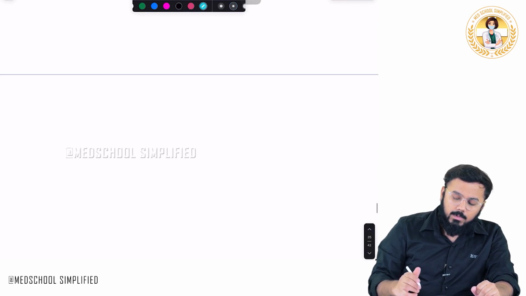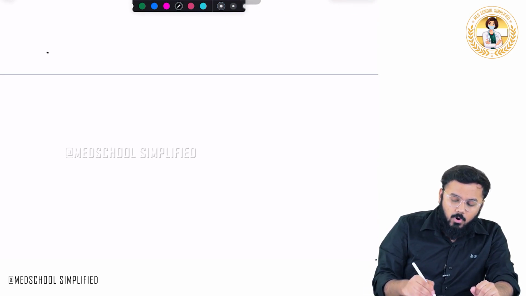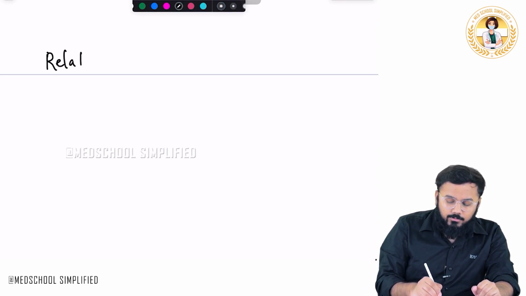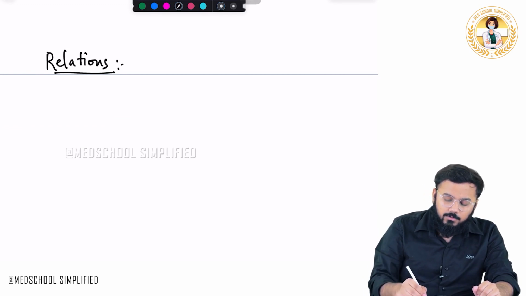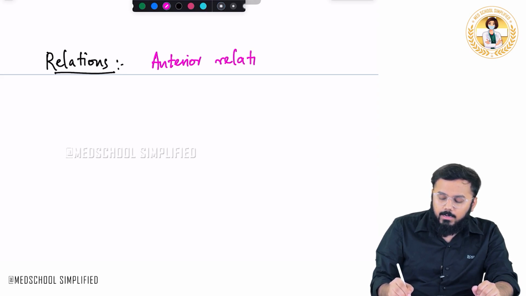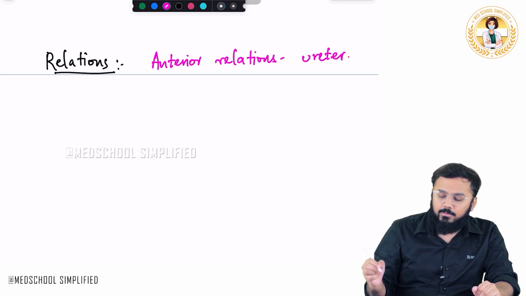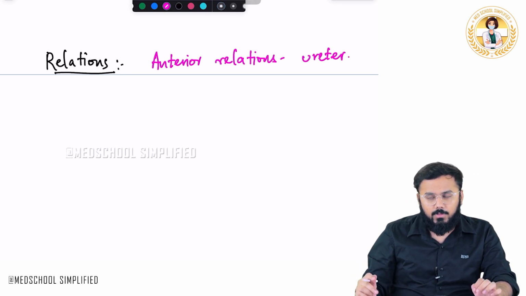Now let us discuss the relations. What are the relations of the ureters? When it comes to the relations, we will discuss two types. First we will discuss the anterior relations of the ureter, and after that the posterior relations of the ureter.